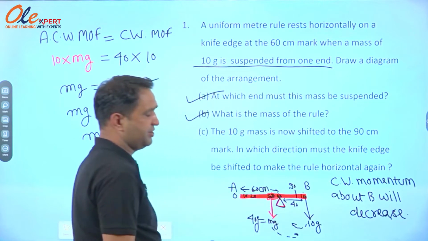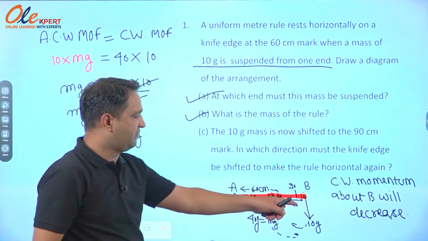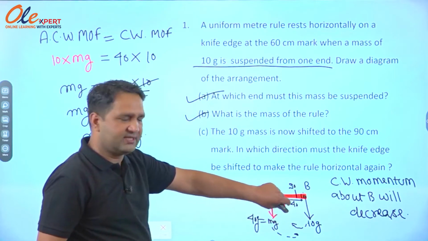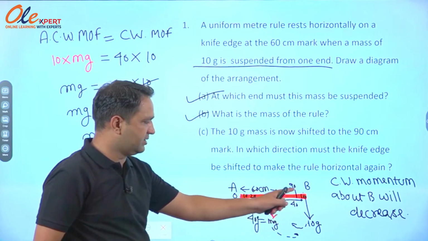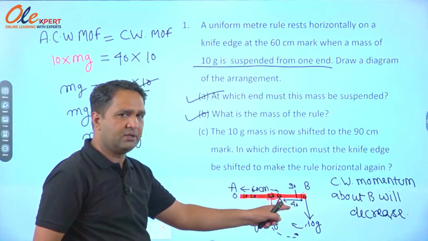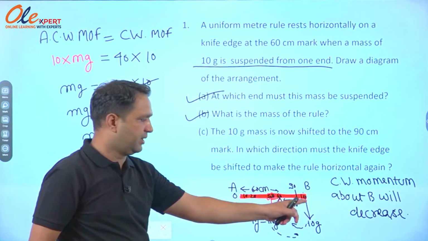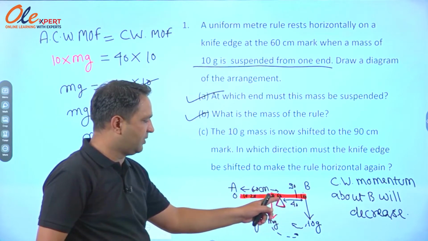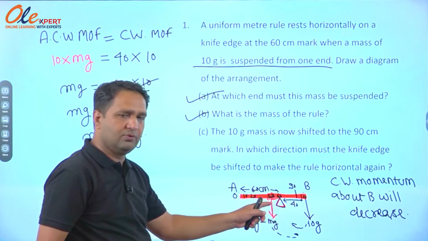Now the distance between the fulcrum and the 90 centimeter mark will become 30 centimeter. So the moment of force on side B will also decrease.